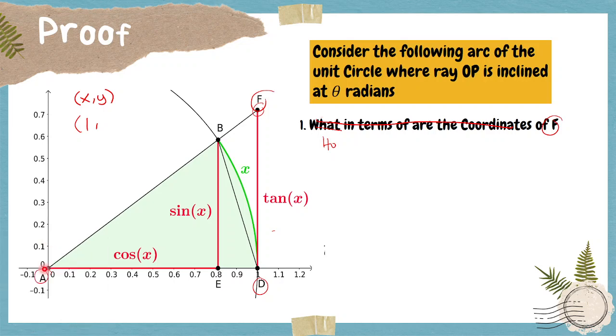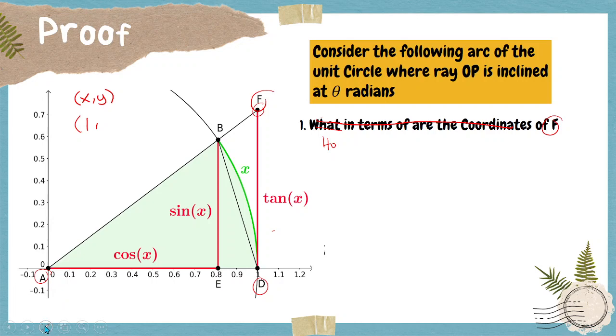Now, what is the value of y? If we get the value of y, we would be approximating the value of y here in the y coordinate, right? Now, what is the best way to determine the value of y using trigonometric functions? We're going to use tangent x.